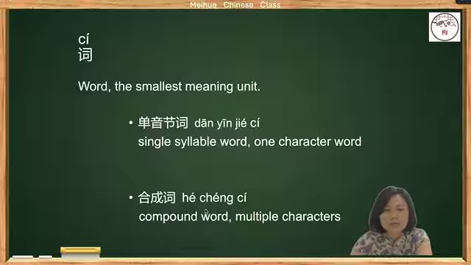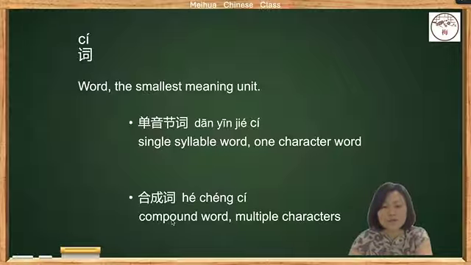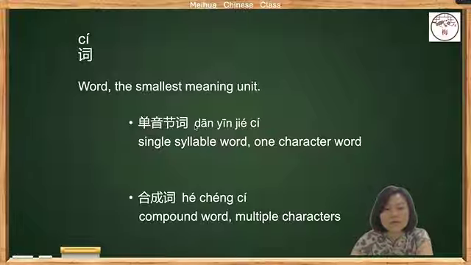In Chinese, we call it 合成词, 合成 means compound, mixed together. The first type, we call it 单音节词. 单 means single, 音节 means syllable. 单音节词. So there are two types of words in Chinese language.